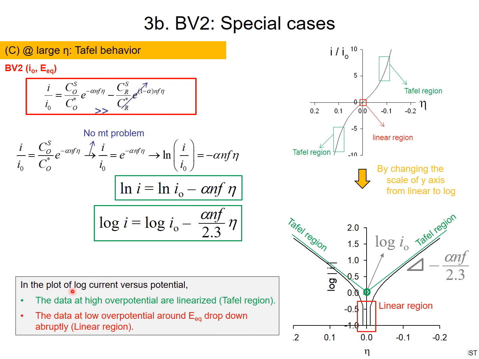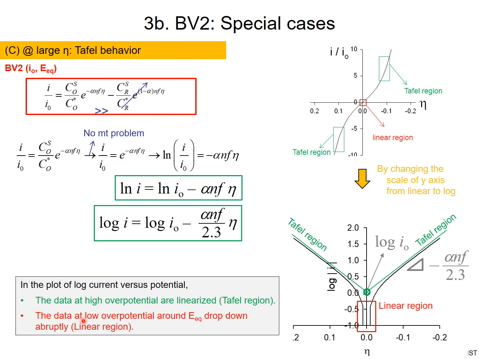In the plot of log current versus potential, the data at high overpotential are linearized. Let me say this region is the Tafel region in this log plot or linear plot. I mean, the Tafel region is the region at high overpotential. Let me go to the low overpotential region.